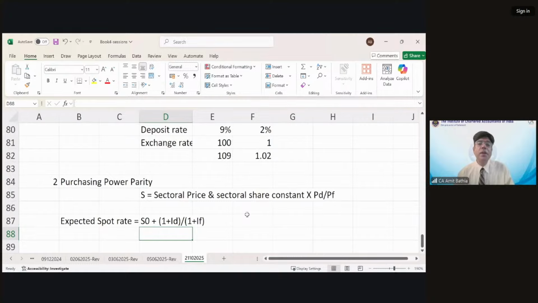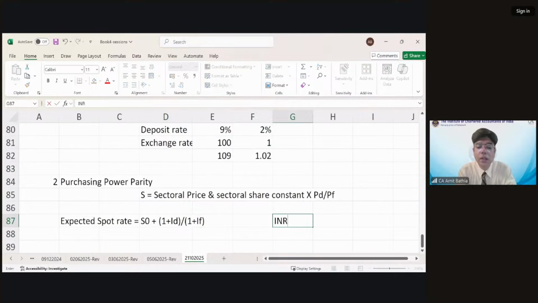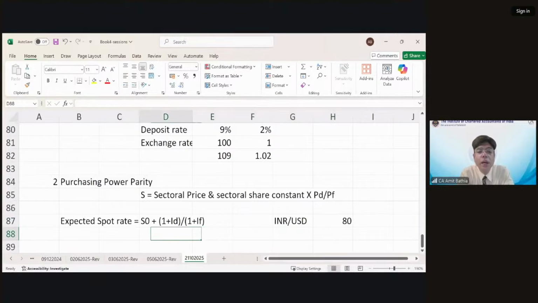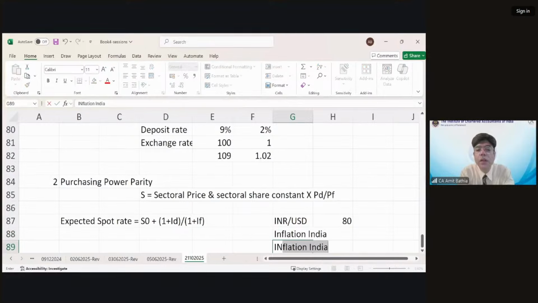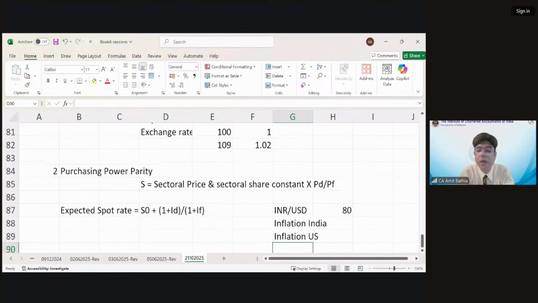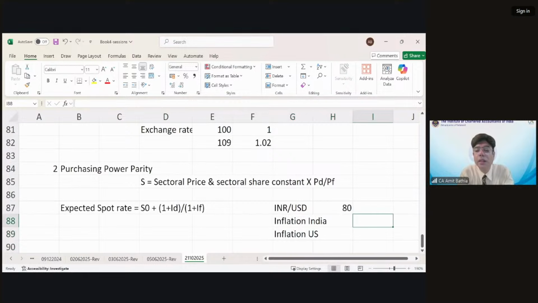So say, for example, INR to USD is 80 rupees. Further, we are told inflation in India is expected to be, let's say, 7%, and inflation in US is expected to be, say, 1%.